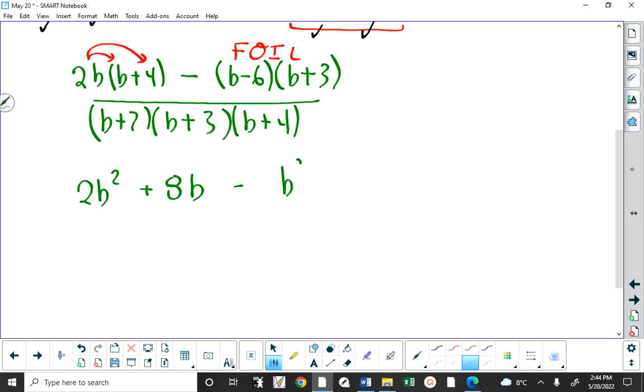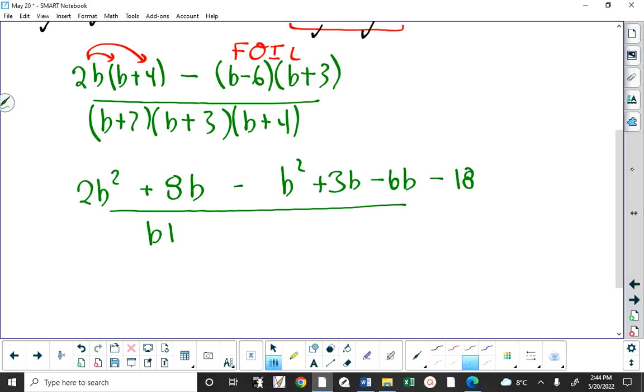First will be b squared, outer will be 3b, inner is negative 6b, and last is negative 18. This is over b plus 2, b plus 3, and b plus 4.